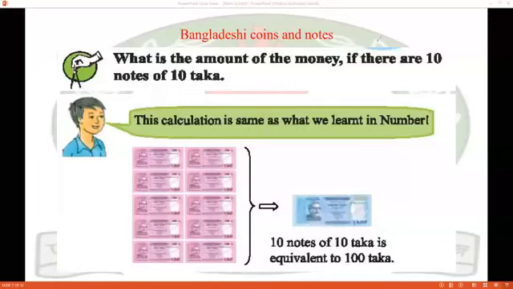In this way, by using a larger number of small notes, we collect the same amount as a small number of large notes.